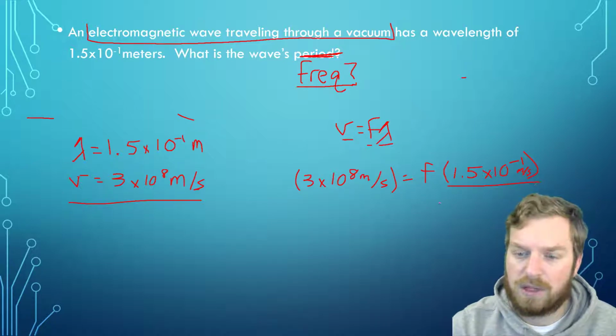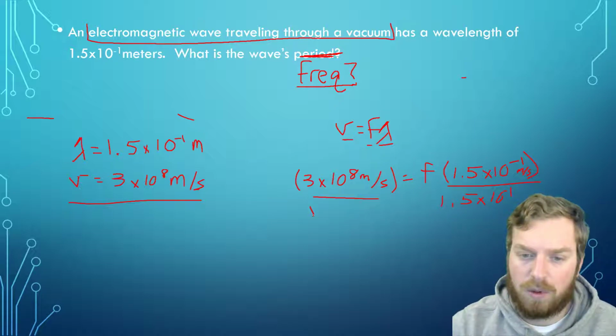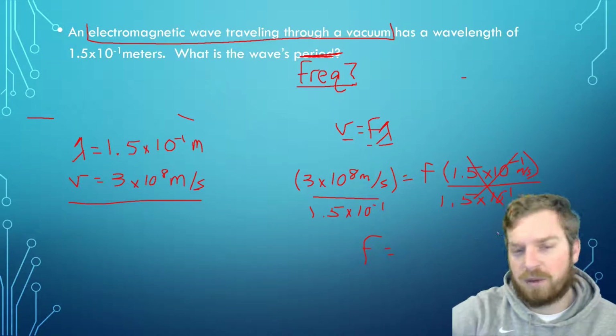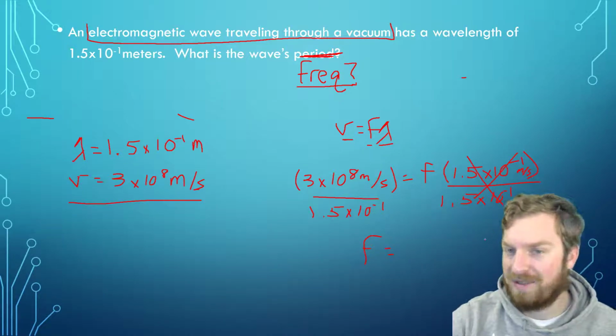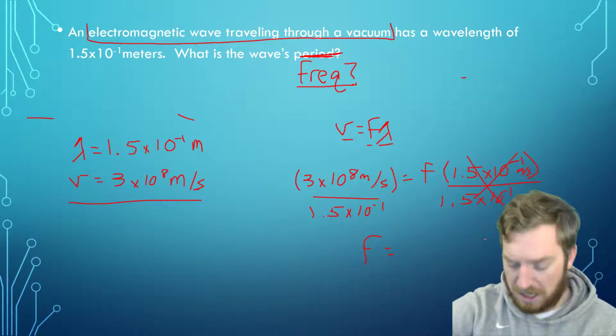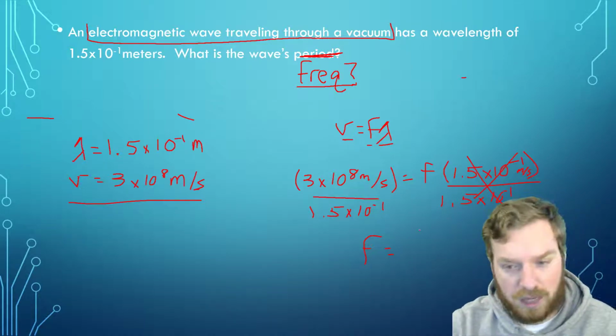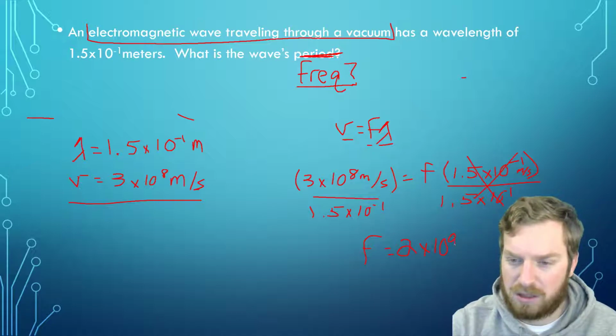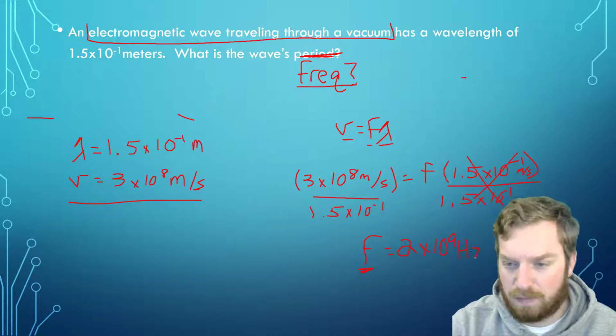And so if we divide each side by that 1.5 times 10 to the negative 1, those cancel out, leaving frequency. Now, obviously, you could use your calculator. I did this beforehand, so that's nice and easy. It comes out to 2 times 10 to the 9th. And our unit for frequency, remember, is hertz.